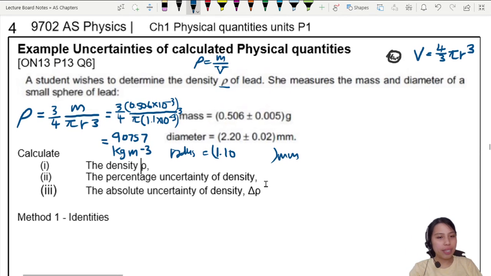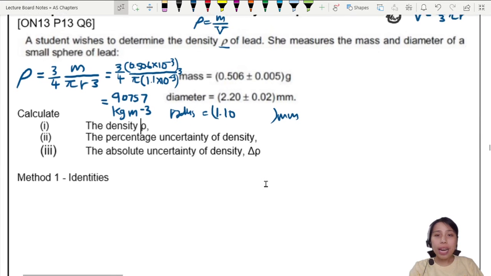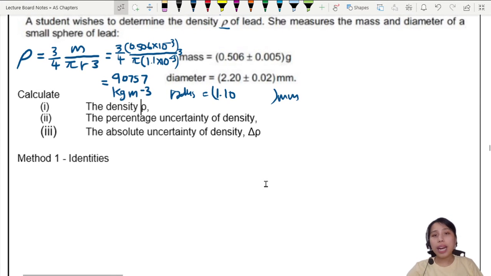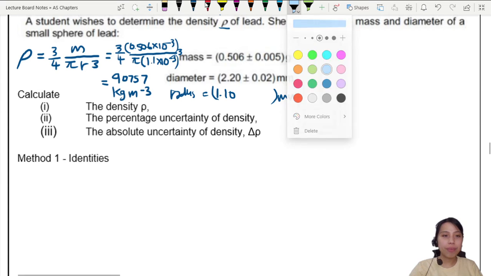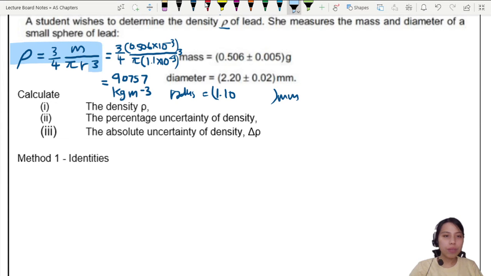Percentage uncertainty of density. How are we going to find that? There are a few methods. The first method is to use the identity that we have learned in the previous video. So you will look at the density equation that is written on the top left. So this. Who contribute uncertainty? Mass and diameter, which is also radius.